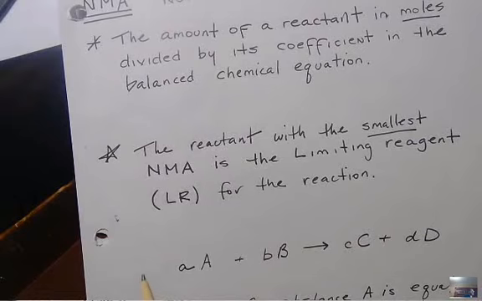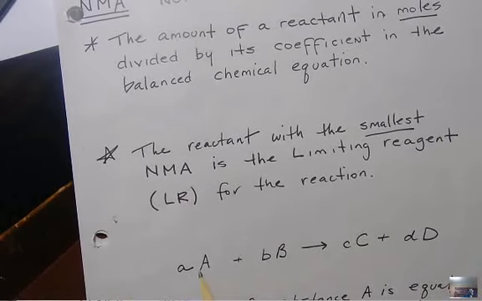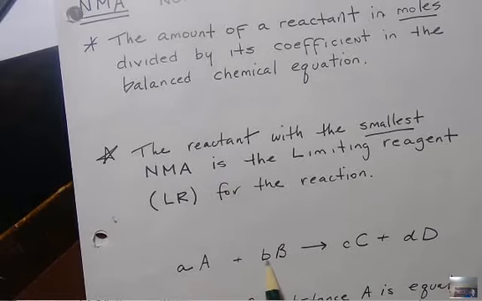If I have 3 things over here, it doesn't matter. If I had an X over here, I would take its coefficient and divide the number of moles of X that I started with by whatever its coefficient is. Sometimes you don't have 1s and 2s, which are easy to rationalize, like "Oh, I need twice as much of this as this." Sometimes you have a 2 and a 7.